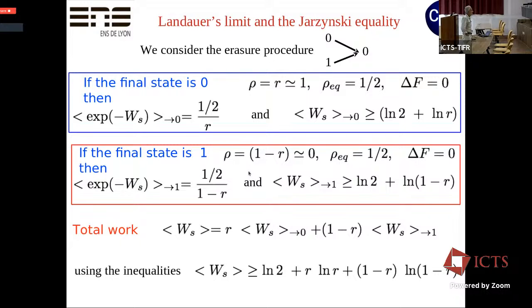No, because if you erase, you have to bring your system into a complete state. NOT is not an erasure process. NOT just reverses the bit: what was 0 becomes 1. This is a completely reversible operation because I can do the reverse.